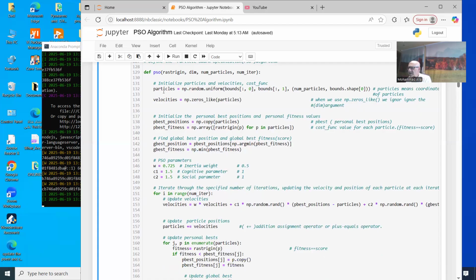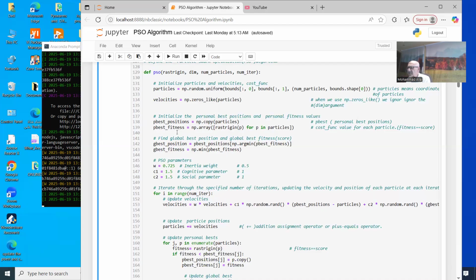So we are considering them as the best positions or personal best positions and personal best fitnesses. So this object, which is named personal best positions, exactly now at this iteration includes the particles values. So it is np.copy of particles. They are the same now at this iteration.